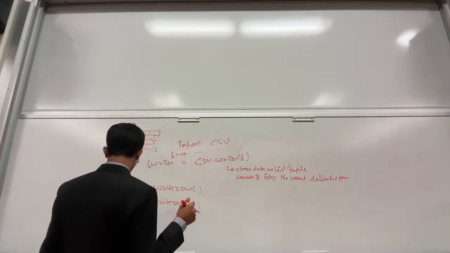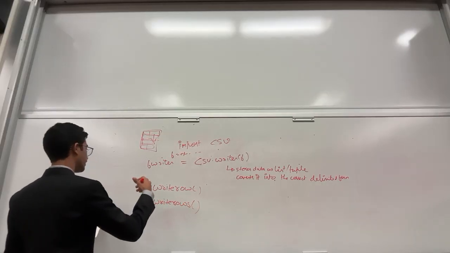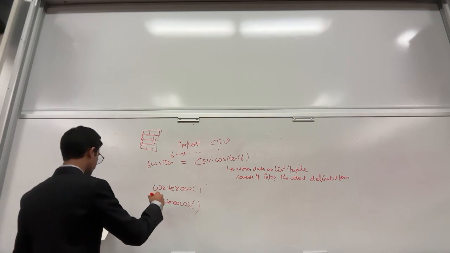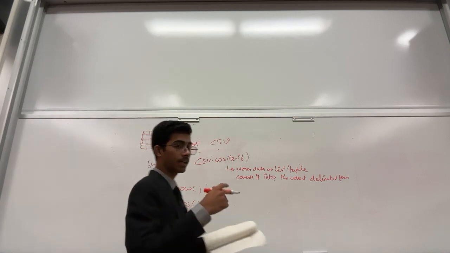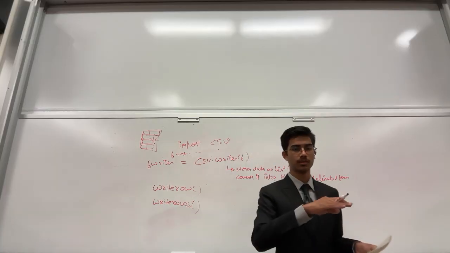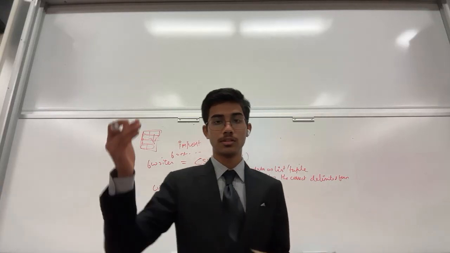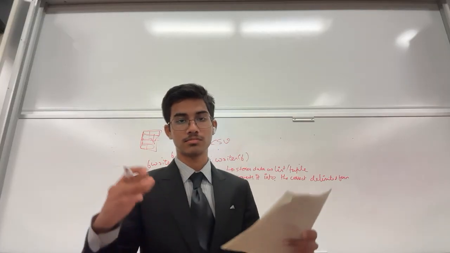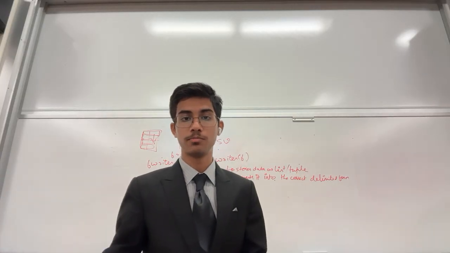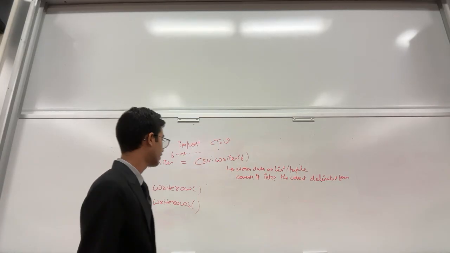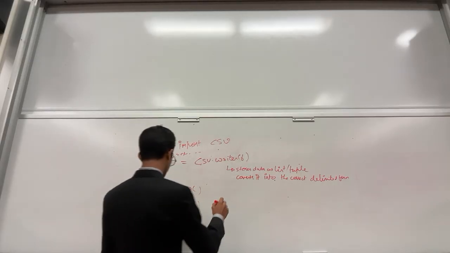An important thing to remember is that writerow will enter only one row of information, as the name suggests. So if you were to insert multiple items, you would need to probably call a loop. So let's look at an example with the writerow function first.